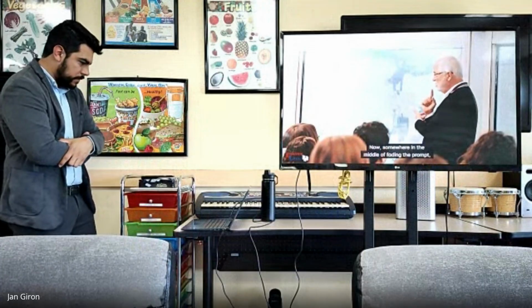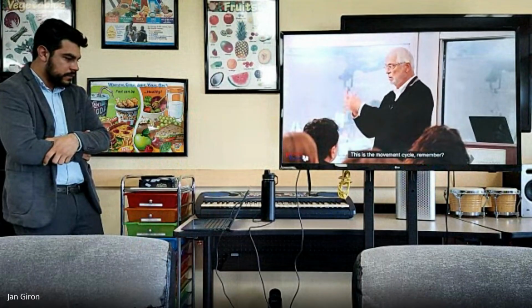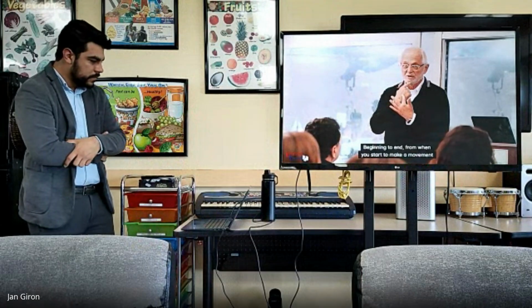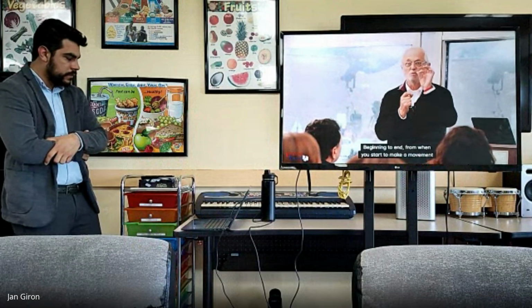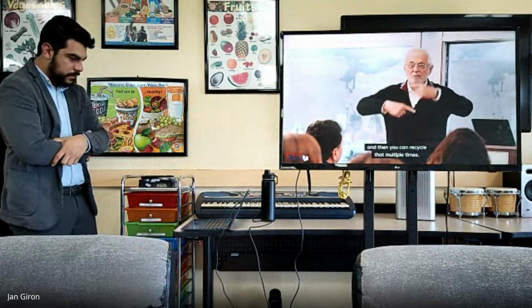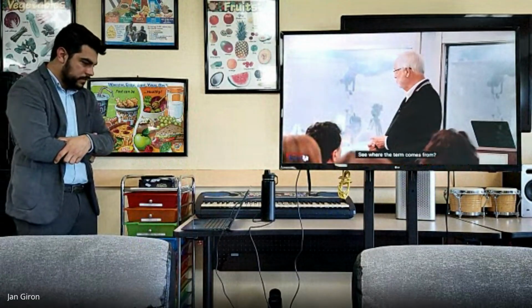All right. Now, somewhere in the middle of fading the prompt, he stops in the middle of the movement cycle. This is the movement cycle, remember? That's the entire movement cycle, beginning to end. From when you start to make a movement to the end of the sign is the movement cycle, and then you can recycle that multiple times. See where the term comes from?